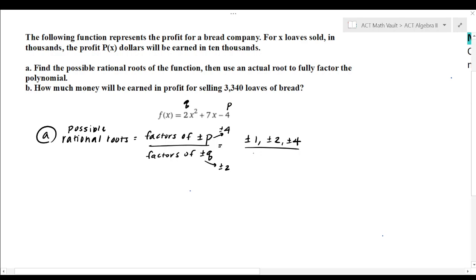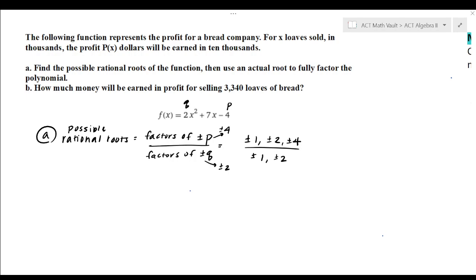And then factors of 2 would be 1 and 2. Factors meaning the building blocks to get to those numbers in terms of multiplication. So like the factors of 5 are 1 and 5, right?